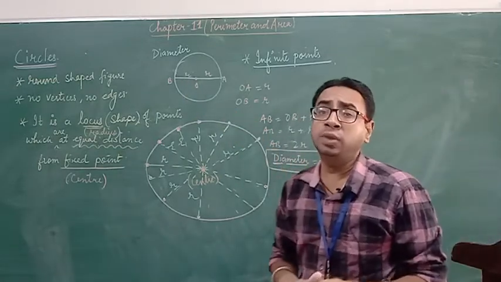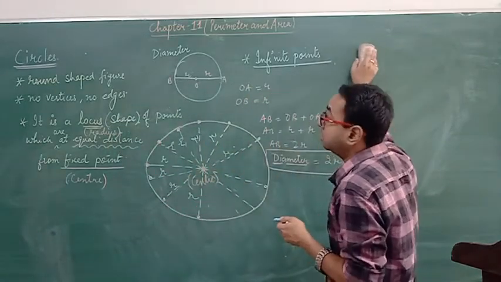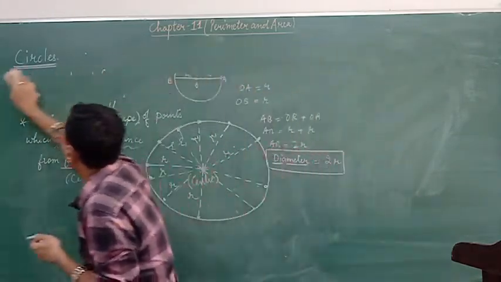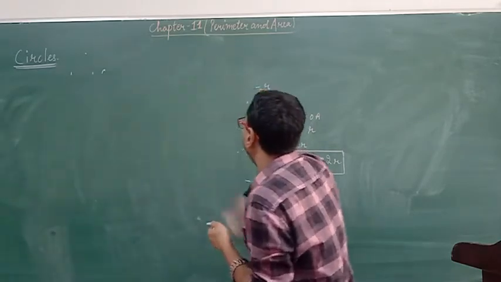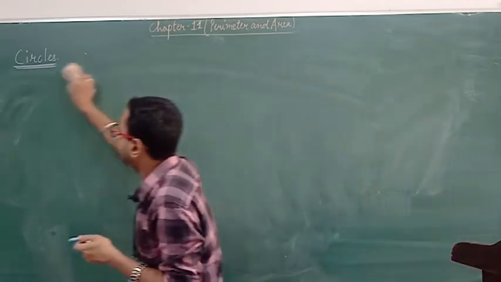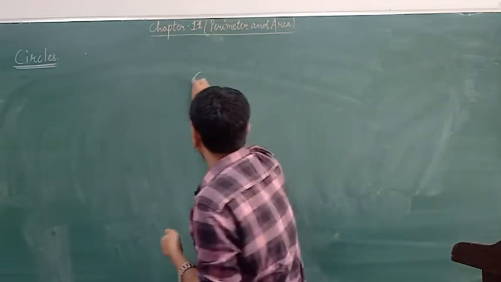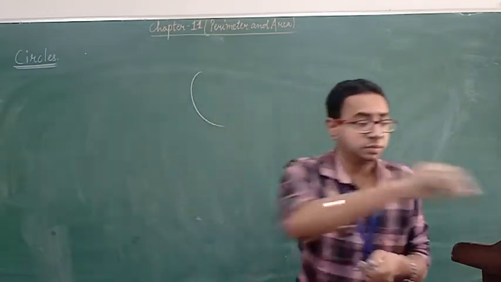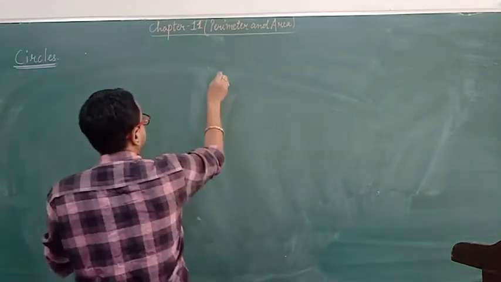Now let's move on to the formulae for the perimeter and the area of a circle. But now the word perimeter will not be used for circles. Let us understand why. Let's have a figure first again.